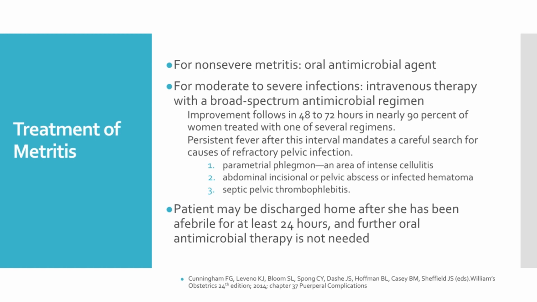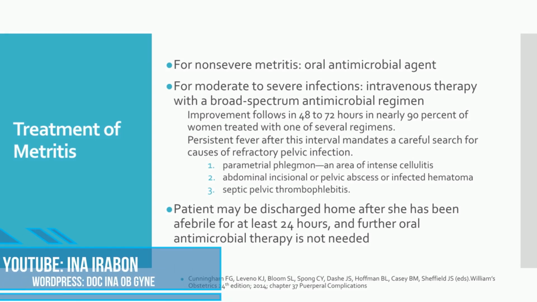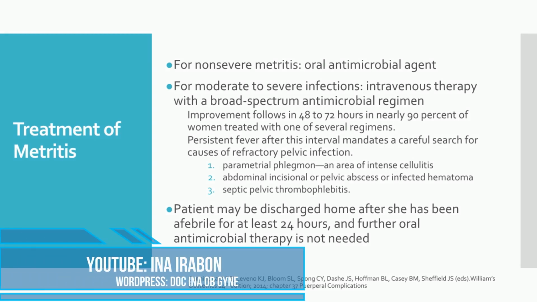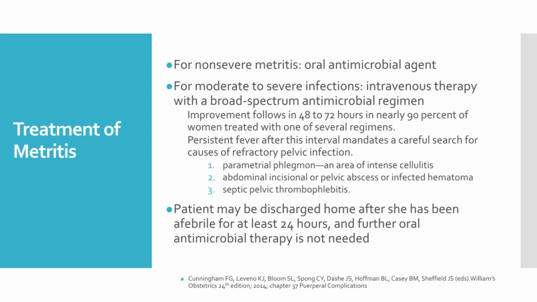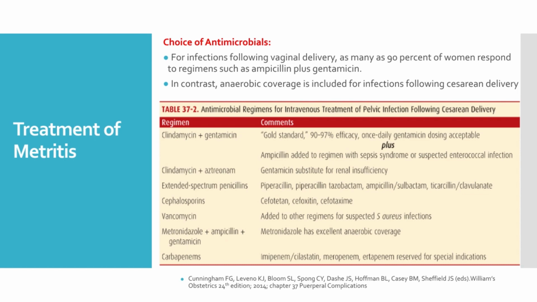Persistent fever after this interval mandates a more careful search for causes of refractory pelvic infection, such as parametrial phlegmon, abdominal incisional or pelvic abscess, an infected hematoma, or septic pelvic thrombophlebitis. All of this will be discussed in the later slides. The patient may be discharged home after she has been afebrile for at least 24 hours, and further oral antimicrobial therapy is not needed. So what are our choices of antimicrobials?